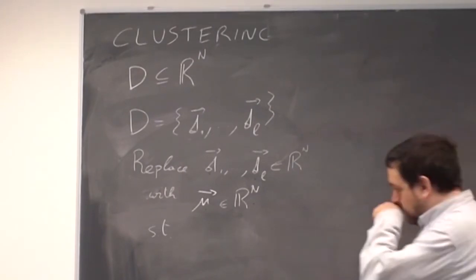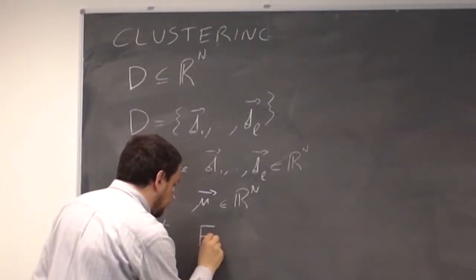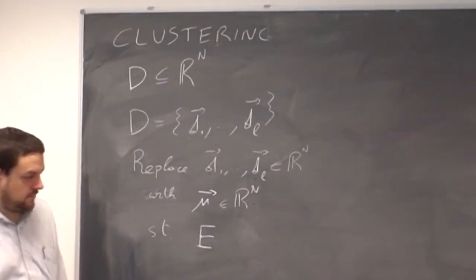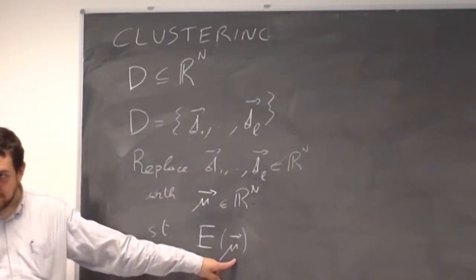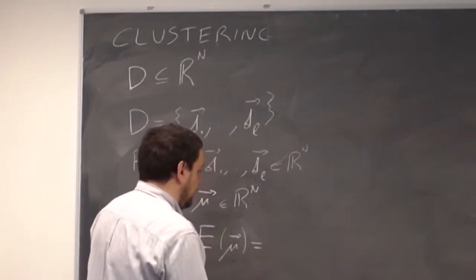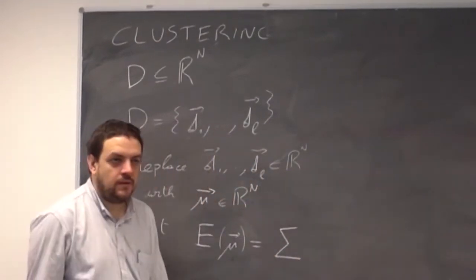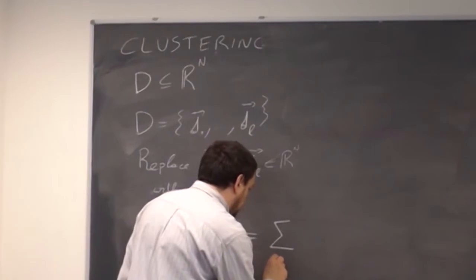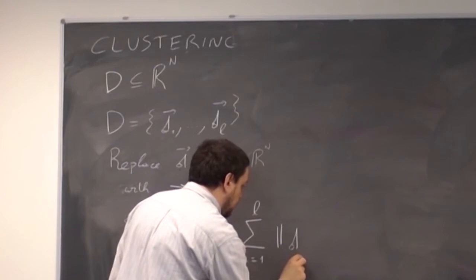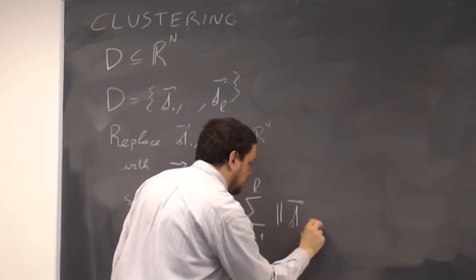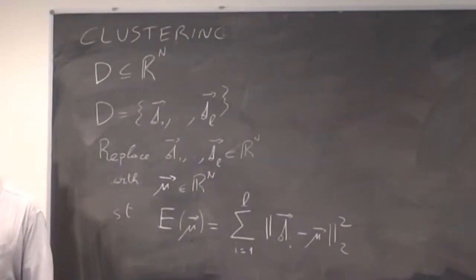So what I'm actually doing is introducing an error E, depending on how I define mu, which is given by the sum of all distances between di and mu, squared.